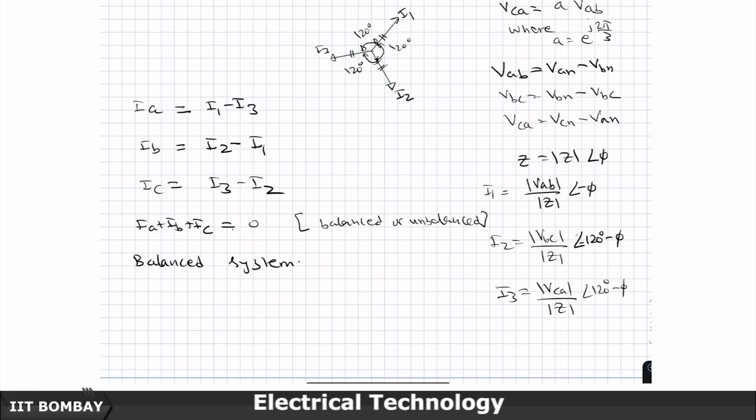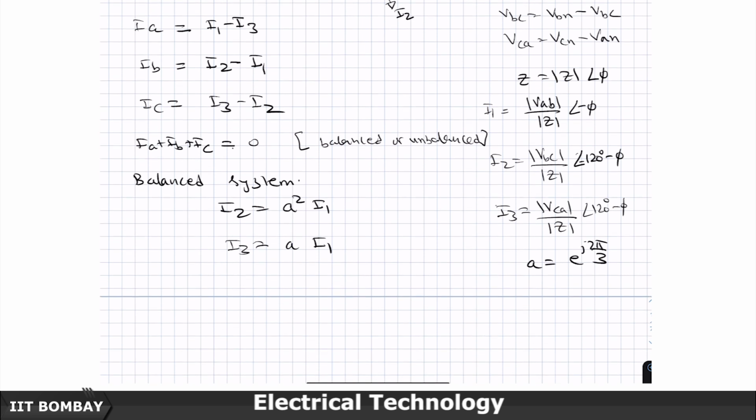Therefore, I can write I2 as A square times I1 and I3 leads I1 by 120 degrees. So, I should write it as A times I1, where A is a 120 degree rotational operator as shown above.